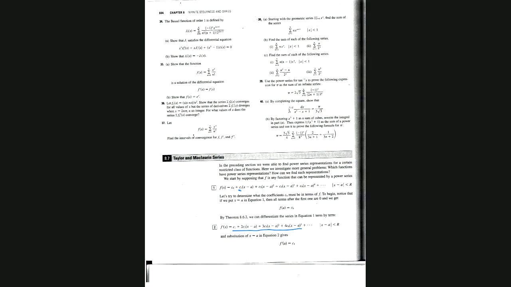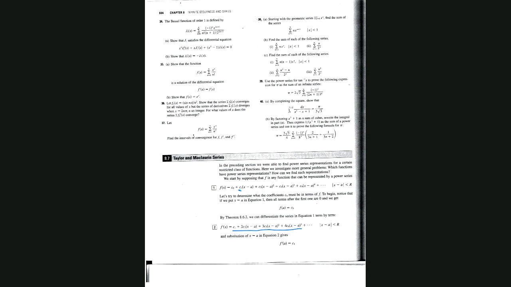The derivative of c2 times x minus a squared is c2 times 2 times x minus a, which is 2c2 times x minus a, and so forth. Now let's put x equals a in the derivative.